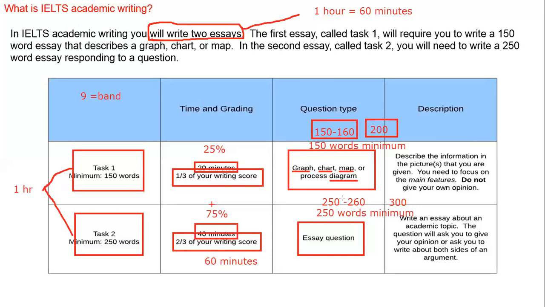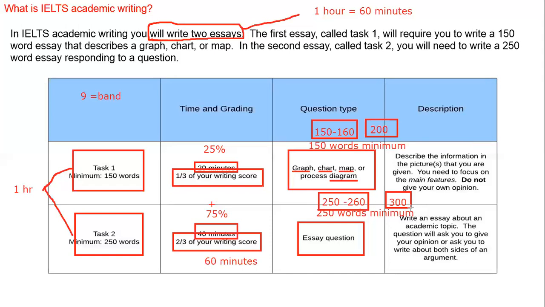And the same way, if you go for 250 to 260, number one thing, you can complete your task achievement. And number two, your words will be completed. But if you go for 300 or more than that, you will make a lot of mistakes and your marks could be deducted in that case.